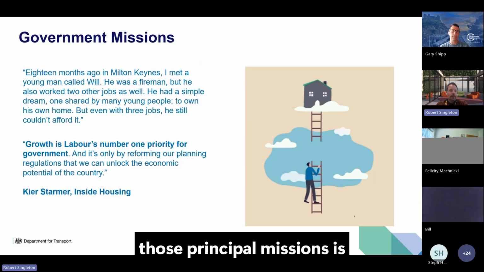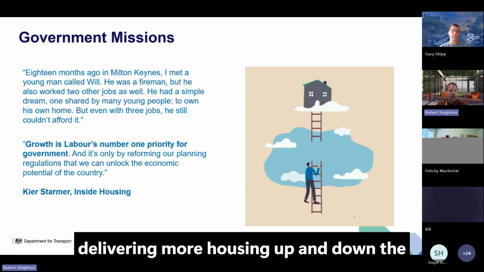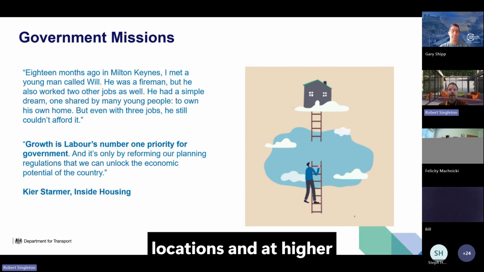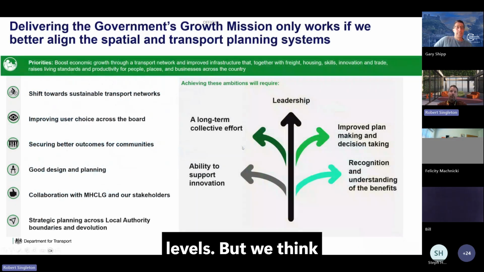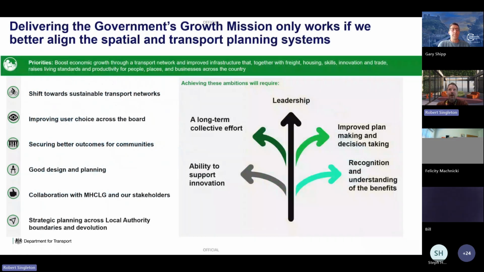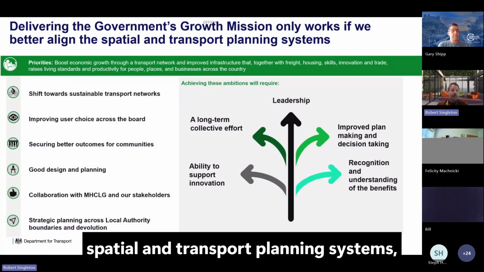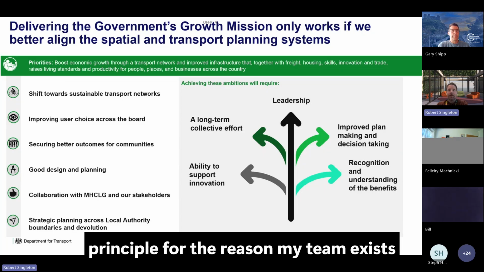And one of those principal missions is delivering more housing up and down the country in more sustainable locations and at higher levels. But we think that the government's growth mission can only be achieved if we better align the spatial and transport planning systems, which comes to that first point of principle for the reason my team exists.